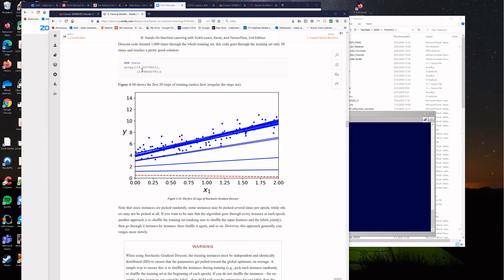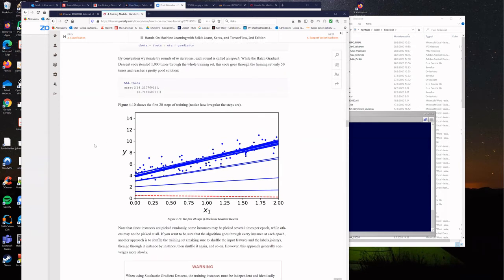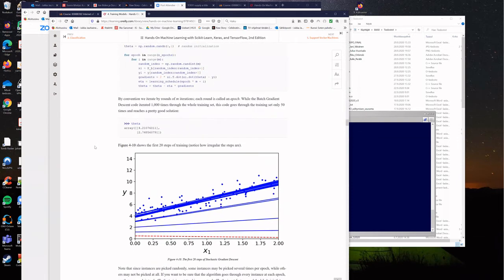So in general, it more or less randomly changes the constant and the slope in this linear case. But magically, it still finds the optimum result.